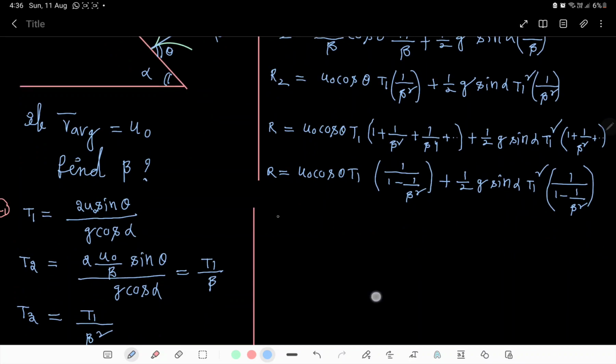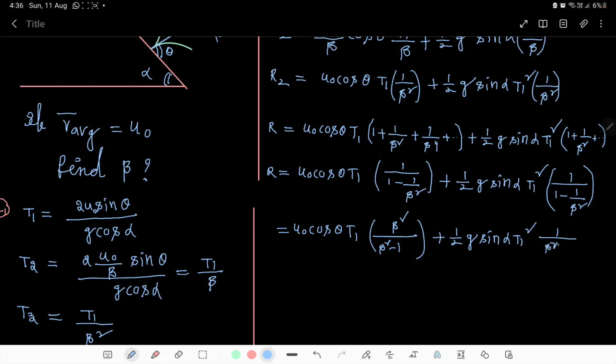Therefore that will be equal to u0 cos theta into t1 into beta square by beta square minus 1, plus half g sin alpha t1 square into beta square by beta square minus 1. So this is the total displacement or total range.